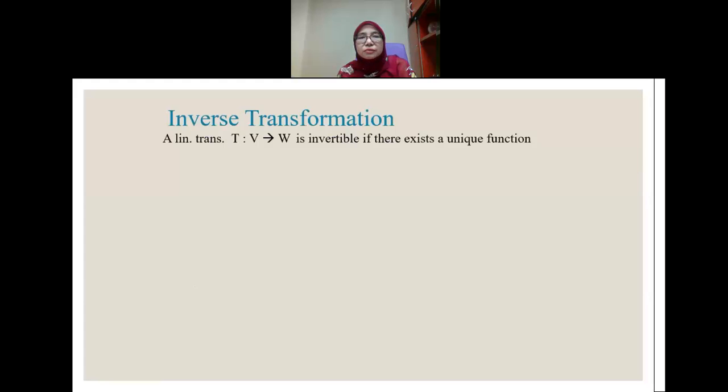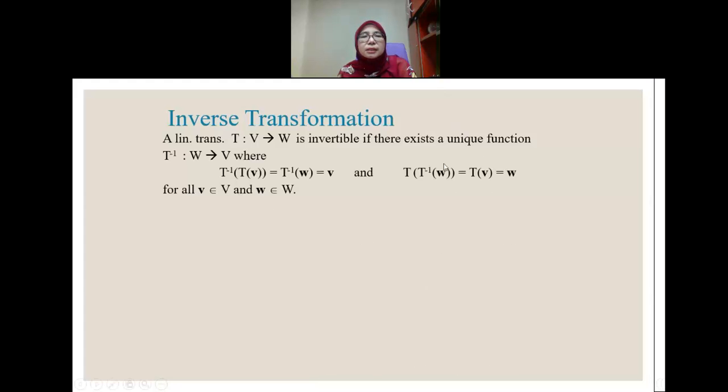A linear transformation T from V to W is invertible if there exists a unique function T inverse from W to V, where T inverse of T(v) equals v, and T inverse of w equals v when T(v) equals w.